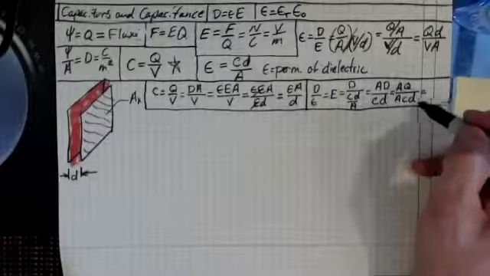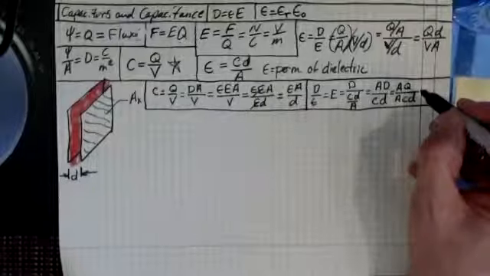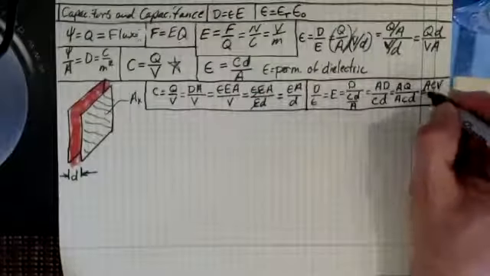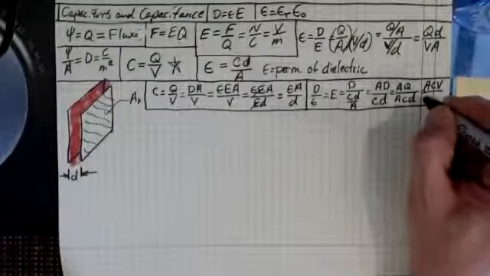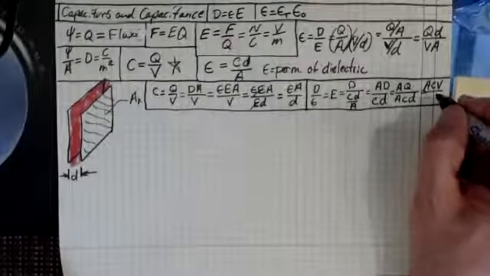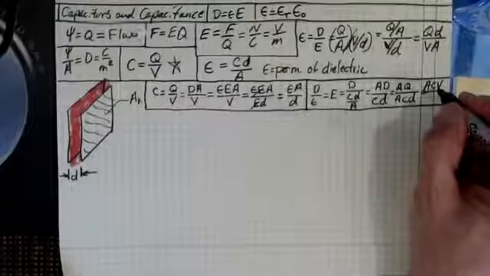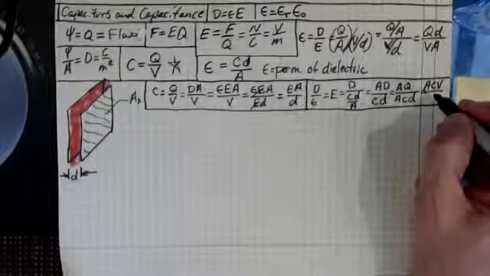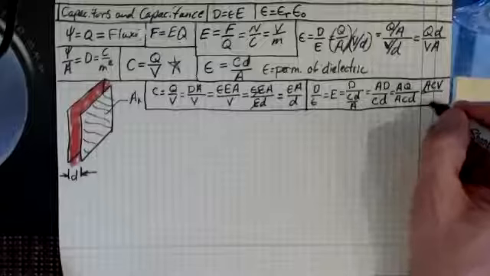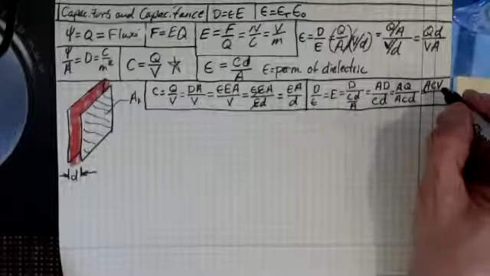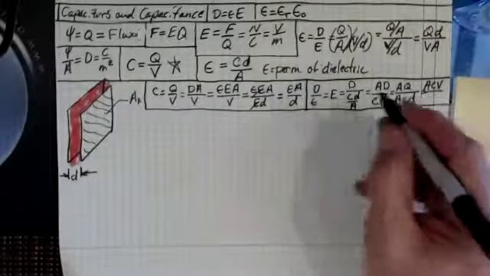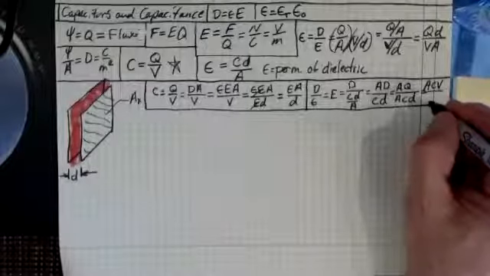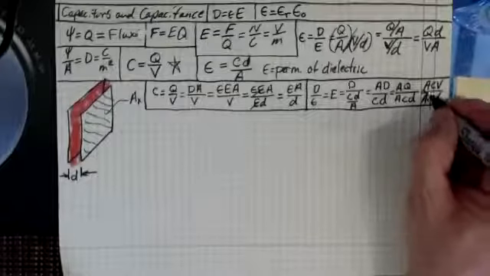Q over A CD, and then Q would be CV, so ACV over ACD, and the C's cancel, so CV over CD.